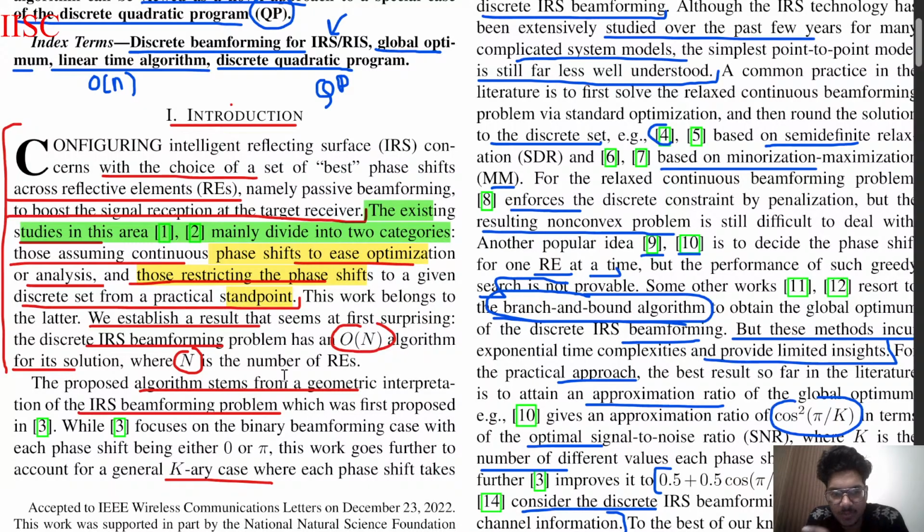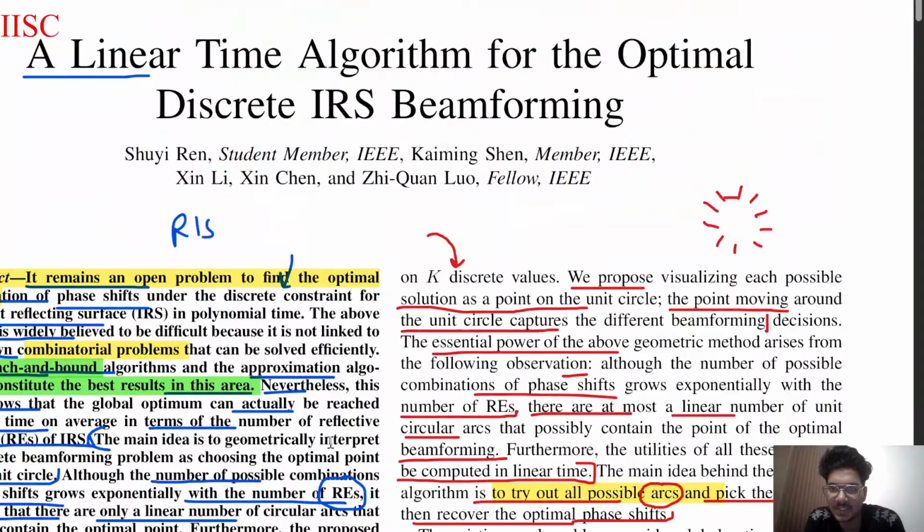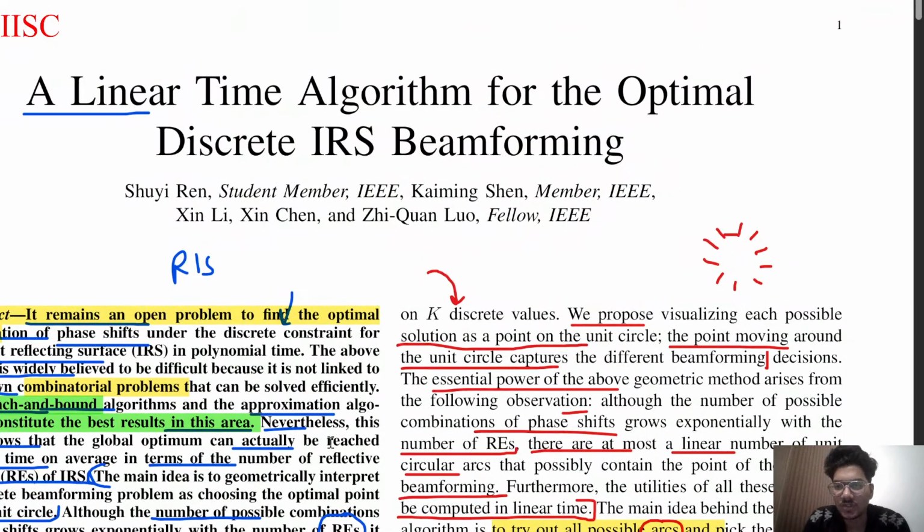It was observed in paper 1, paper 3, and paper 4, where we focus on the binary beamforming case, either we choose the phase shift as 0 or pi, or a K-array case where each phase shift takes K discrete values. We try to visualize all of this on a unit circle, and the point moving around the unit circle captures the different beamforming decisions.